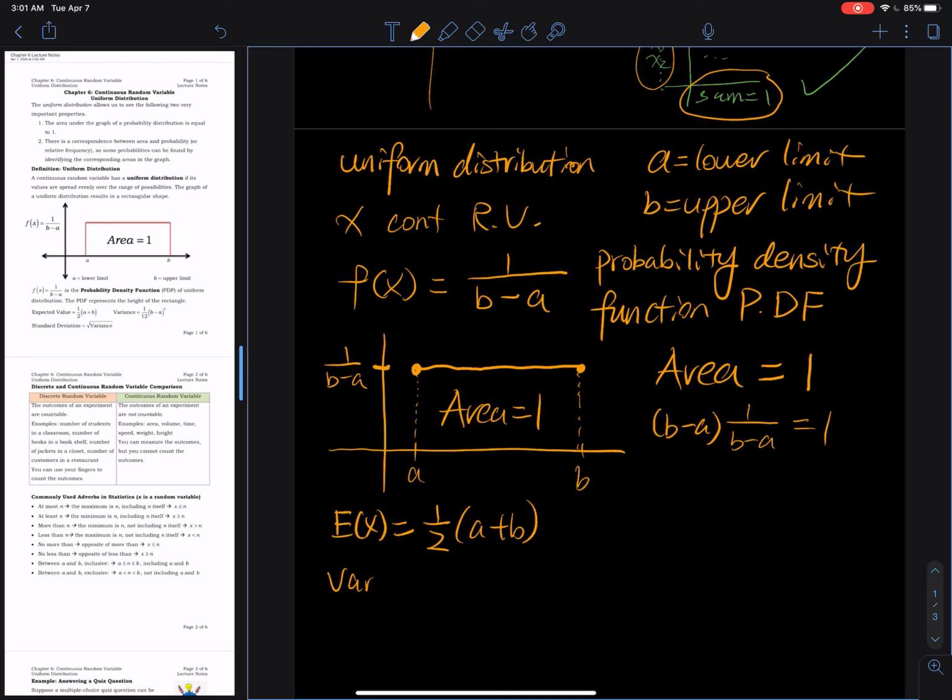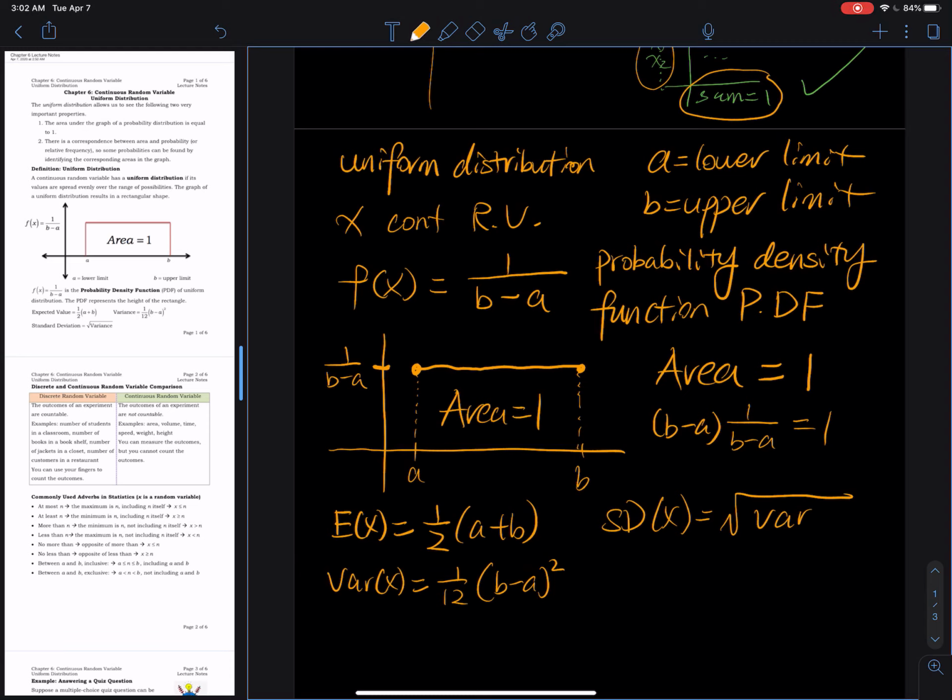The variance is equal to 1/12 times (b minus a) squared. The standard deviation is the square root of the variance. There is really not a formula for standard deviation. It's just the square root of the variance, because when you find the variance, you square the unit as well.